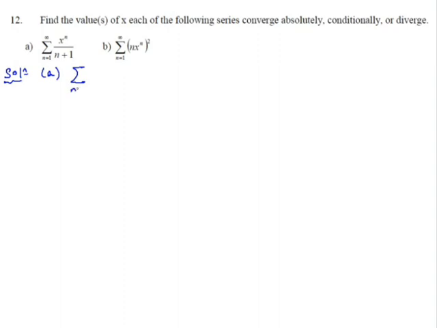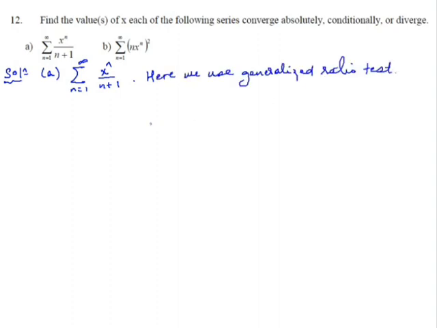So the a part we have the series n starting from 1 up to infinity x to the power of n over n plus 1. Here we use the generalized ratio test to determine the value of x. Using the generalized ratio test, let r be the limit of the absolute value of the n plus 1's term over the n's term as n approaches infinity.